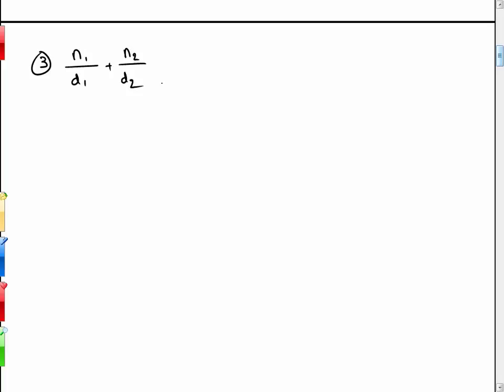Suppose we want to add two fractions, n1 over d1 plus n2 over d2. In this procedure, what am I saying? Find the LCM of d1 and d2, right? The denominators. Let L equal the LCM of d1 and d2.